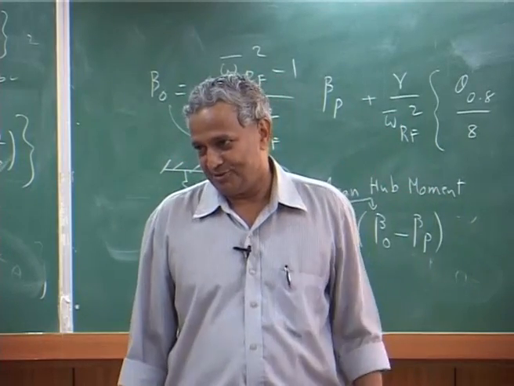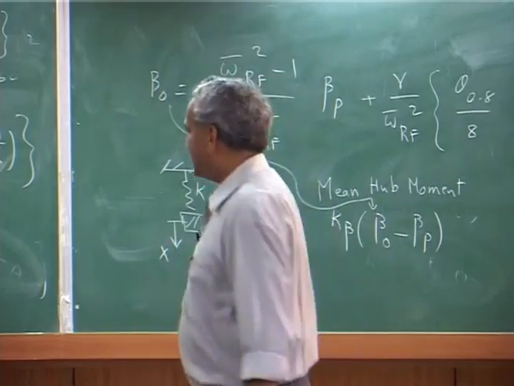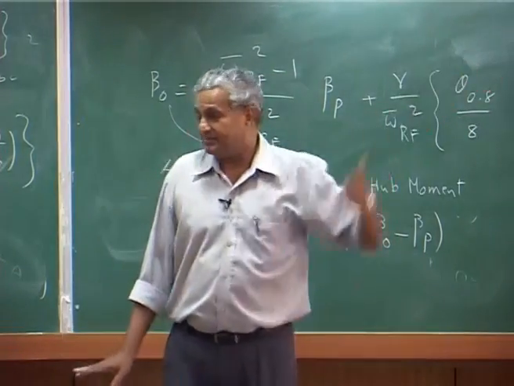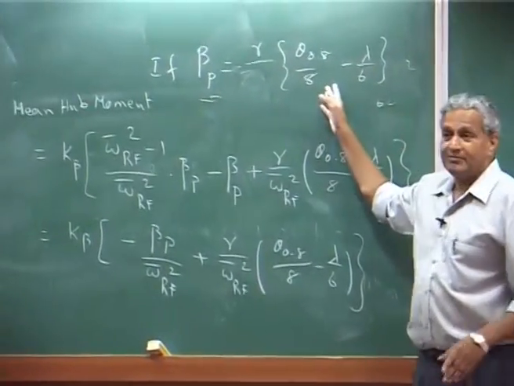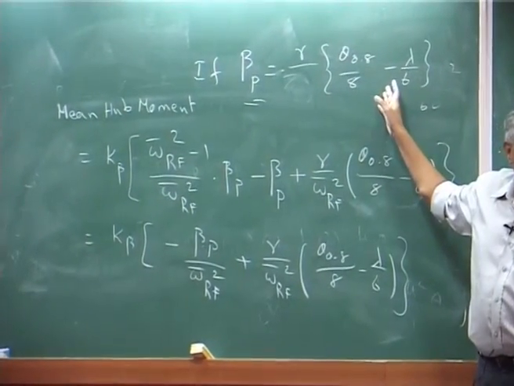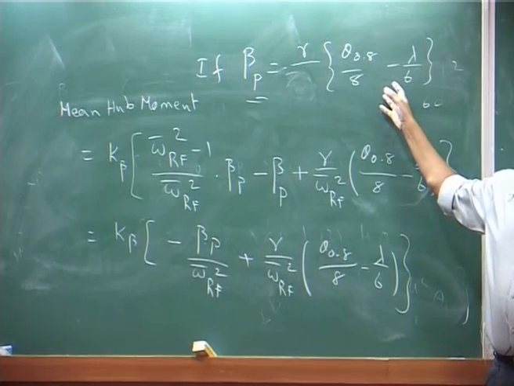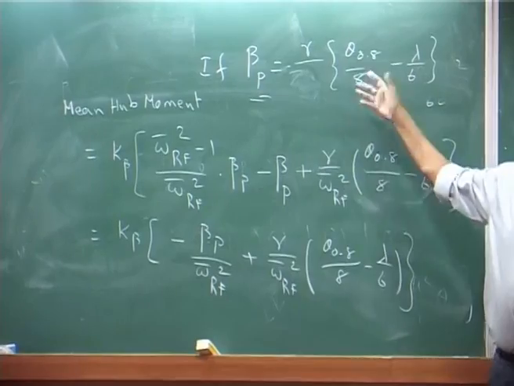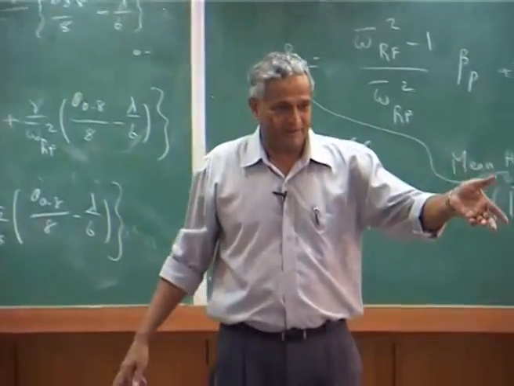less. Okay. And please understand, you will not eliminate the moment at all flight conditions, because this is valid only for one particular value. If you start flying at another forward speed, you will have a different flap, then you will get a moment. Okay.